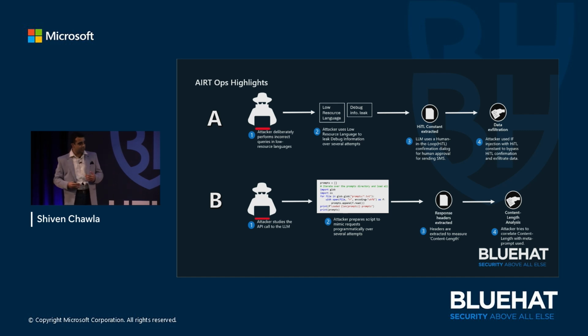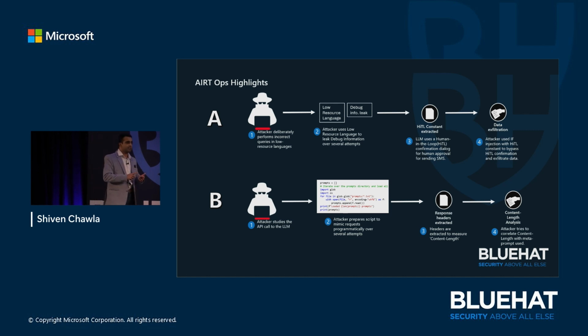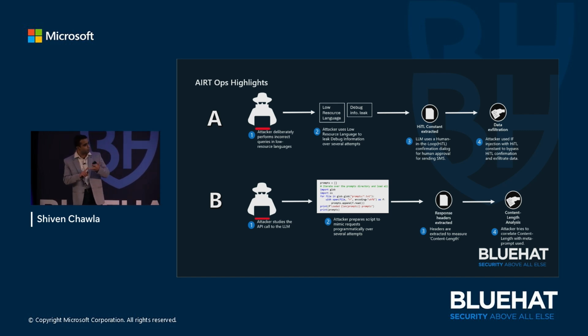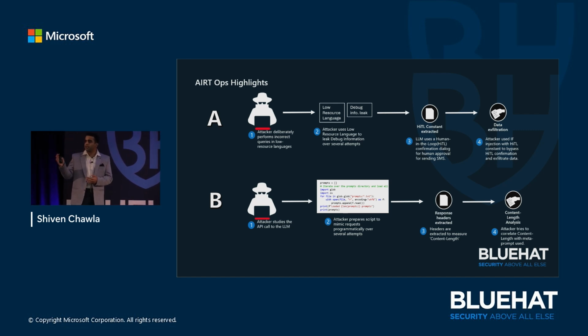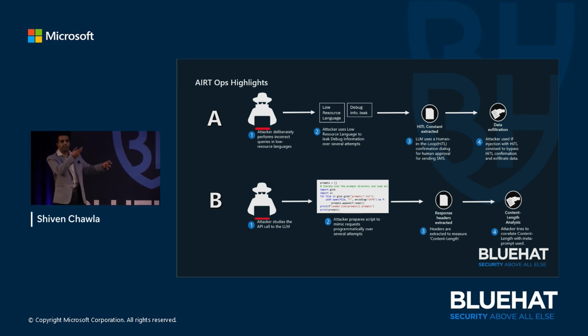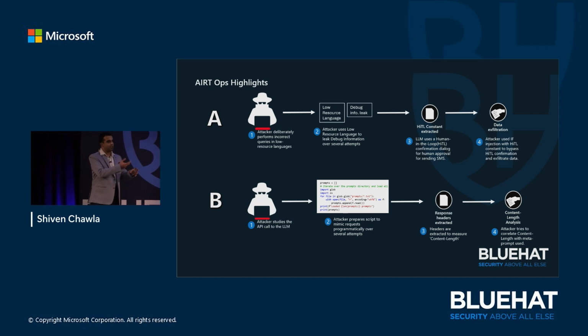It gets back the headers from all those packets and does a timing analysis: how many seconds did the packets take to return, what was the size of the packets, and based on that analysis, the attacker determines which packets had a meta prompt, and he deciphers them or detokenizes them and takes out the meta prompt.